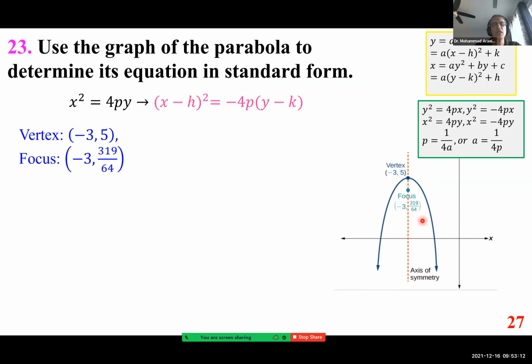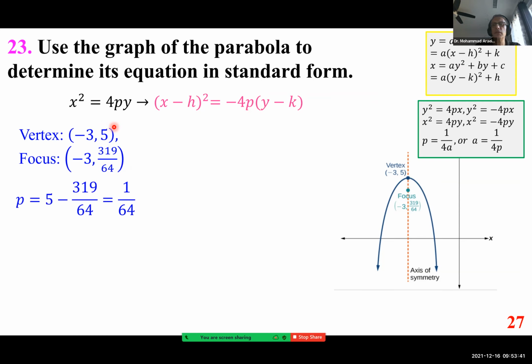So sticking with that, notice we have the center. We're almost done. We just need the p. And what is p? It is the focal distance. p is this distance, everybody: the distance from the vertex to the focus. So that means you subtract this number from 5, the y coordinate of the vertex.